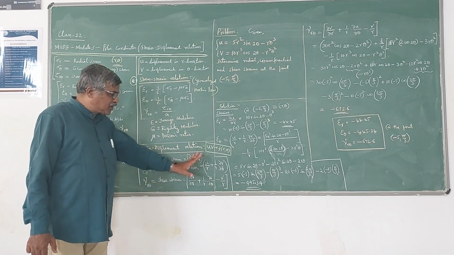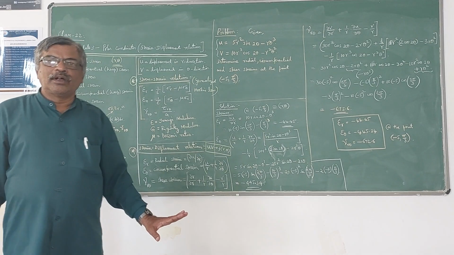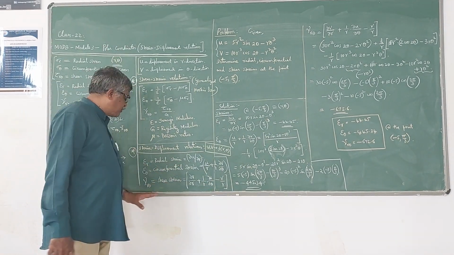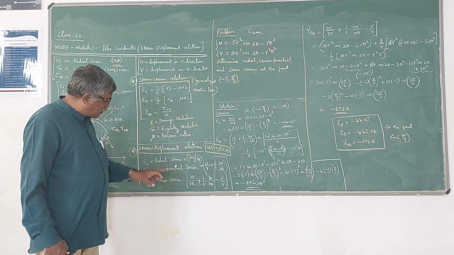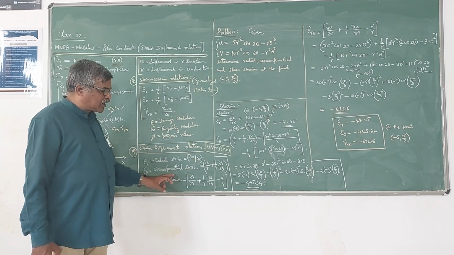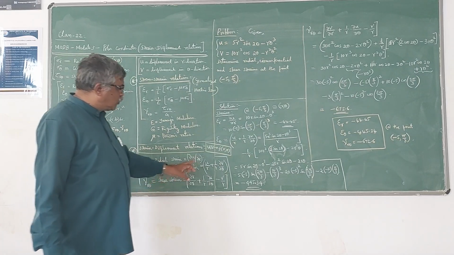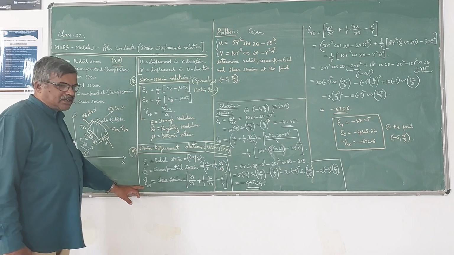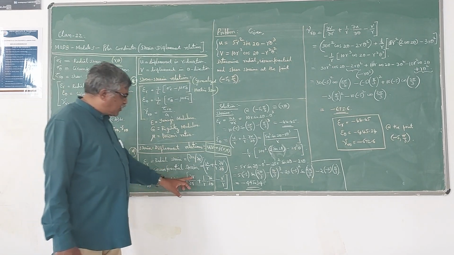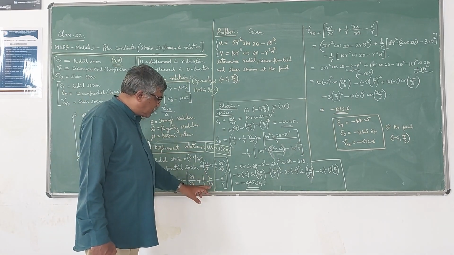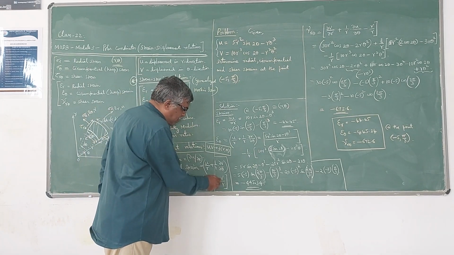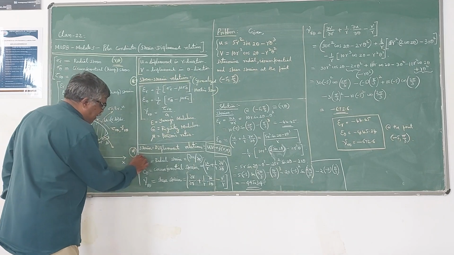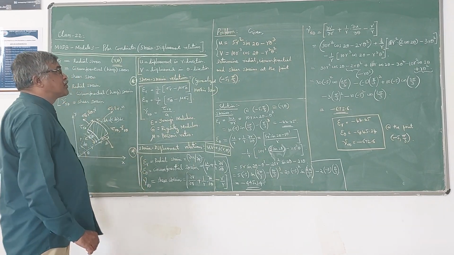You have to remember these relationships, because to solve problems, we are going to use these expressions directly. Epsilon theta, which is the circumferential or the hoop strain, is u by r plus 1 by r into dou v by dou theta. Gamma r theta, which is the shear strain, is given by dou v by dou r plus 1 by r into dou u by dou theta minus v by r. So these are the expressions for the strain displacement relationships.